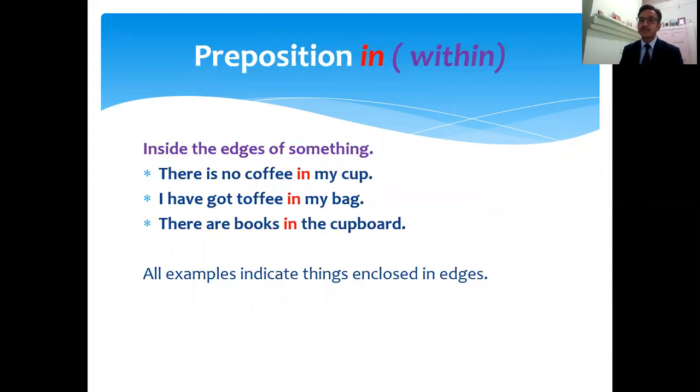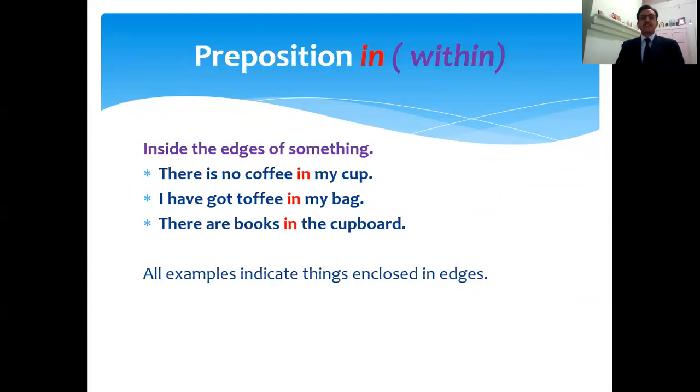Now let's talk about the first preposition today, the preposition in, which means within. Fine. The best way to think about the preposition in is being within something, inside the edges of something. So let's start really simply with containers, spaces that are enclosed.